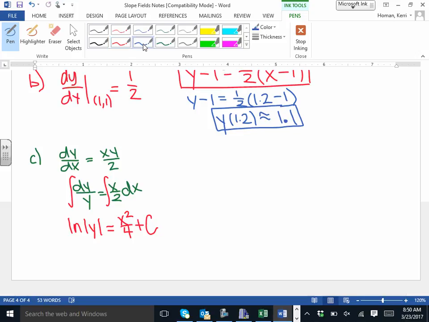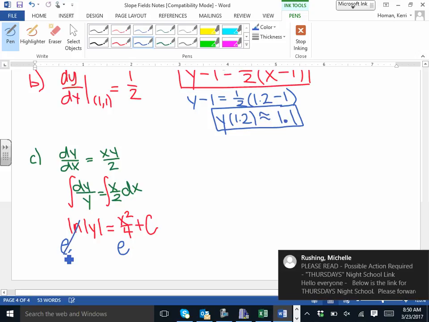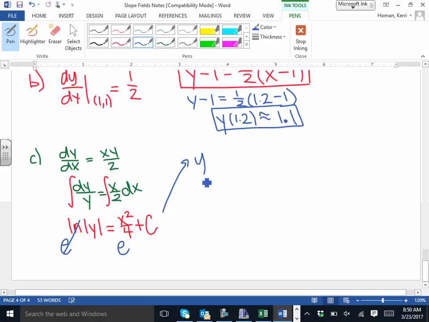Since we have that natural log, we're going to have to take e to the left side and e to the right side. E to the natural log cancels out, and so we have y equals e to the x squared over 4 times e to the c, which, yes, is just going to be c.